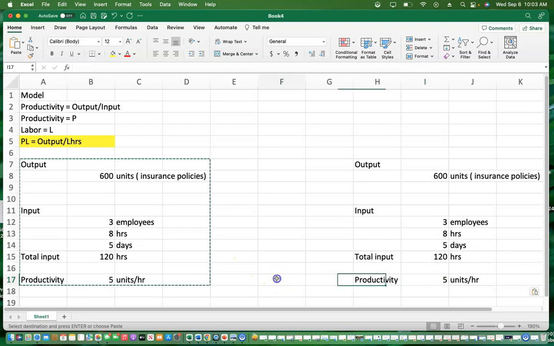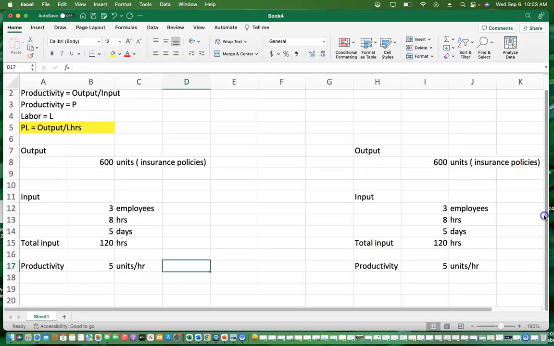But we're going to do something a little different. Let's assume that we need to produce more insurance policies. Instead of 600 units, let's say we need 800 units. I'm going to highlight this to show it is different from 600 units.